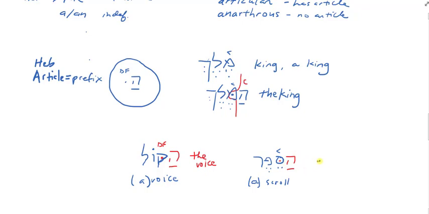Okay? See how easy this is? How would I say "the Moses"? Ha Moshe. Good. How would I say "the house"? Ha bayit. Ha bayit. So basically just add ha in front of anything, but you've got to double the consonant of the noun, the first consonant.